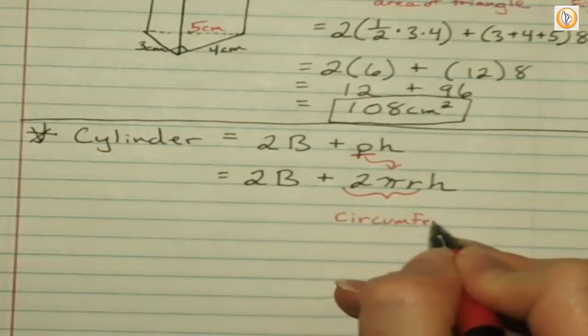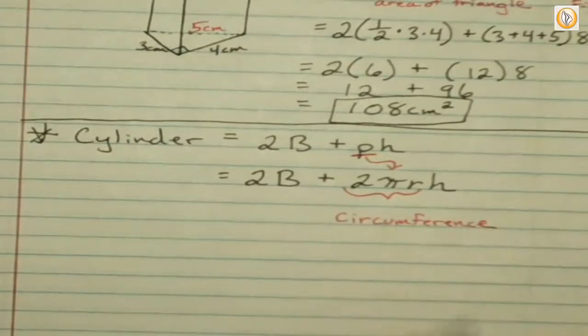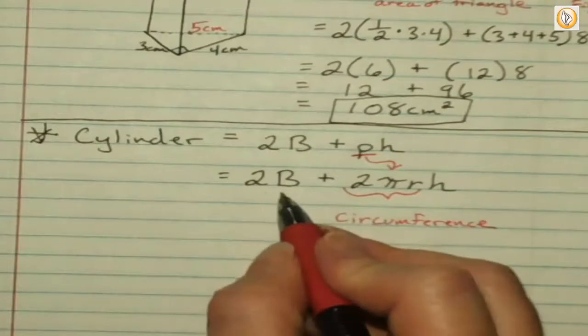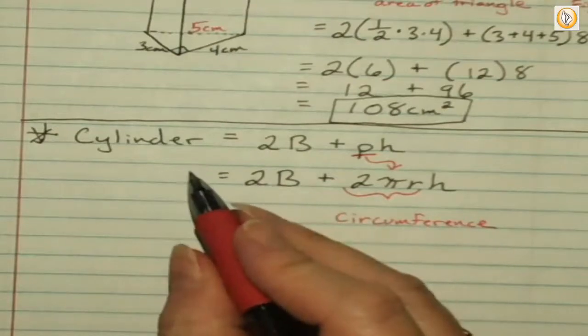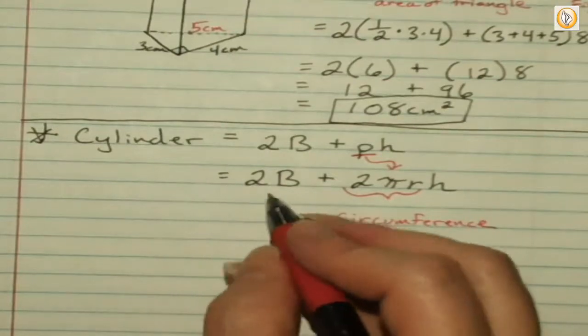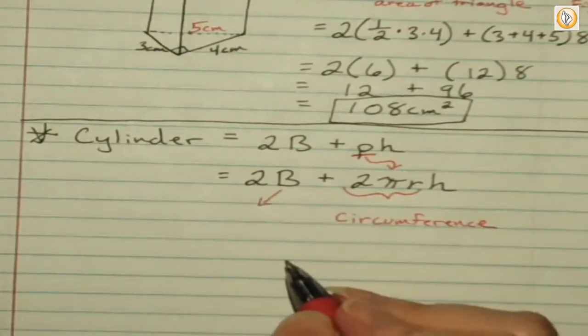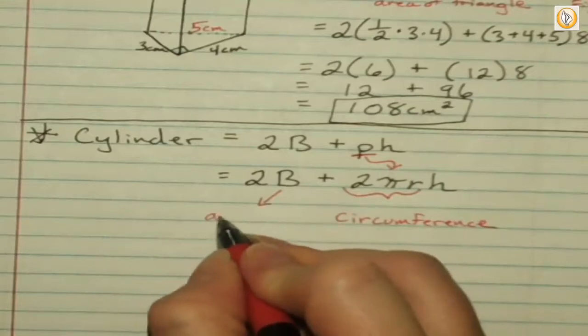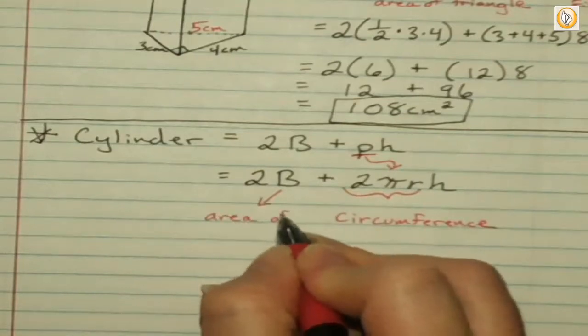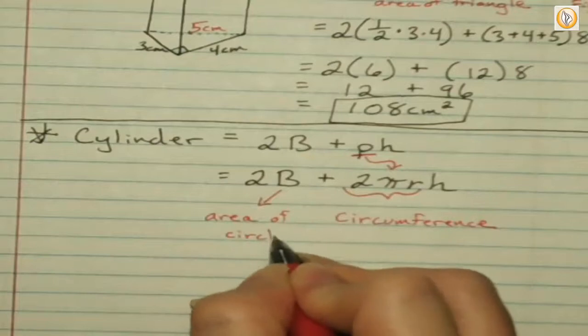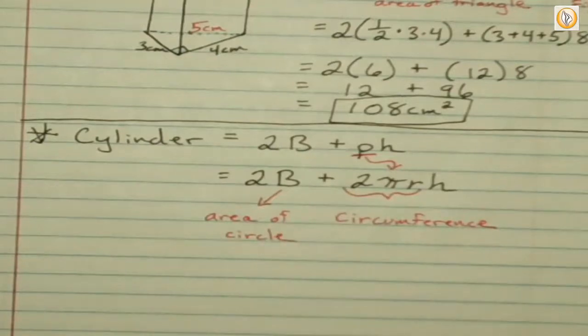Doesn't it need a 2? 2 pi r. That's not for circumference. And the base, if we're dealing with the cylinder each time, what is the base really going to be? That's right, area of circle. And we're going to write that later.